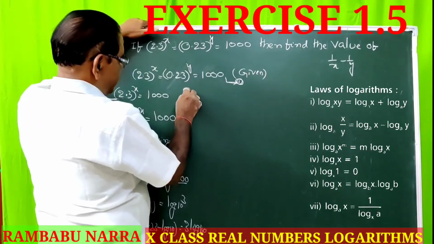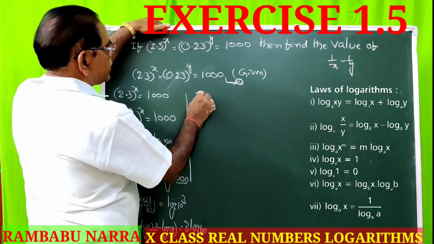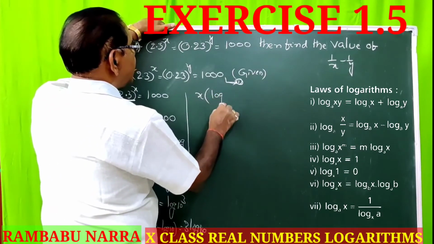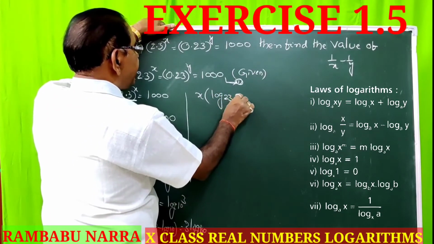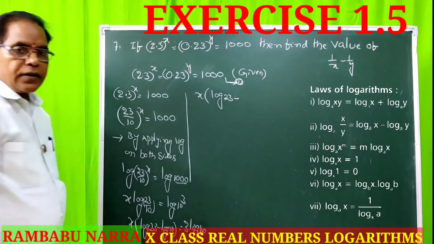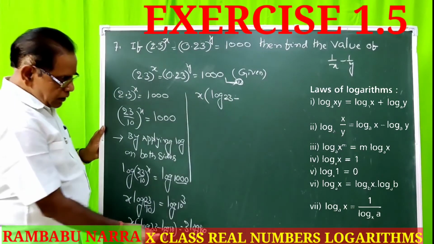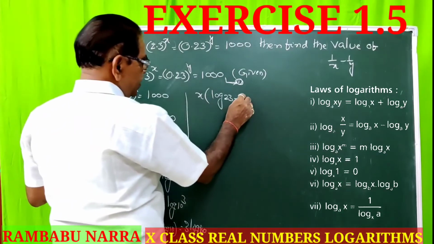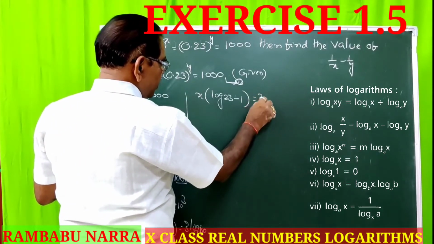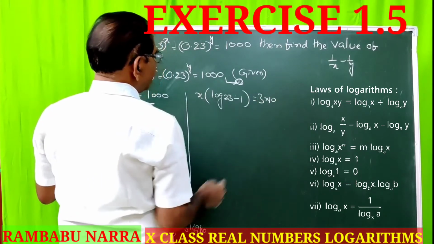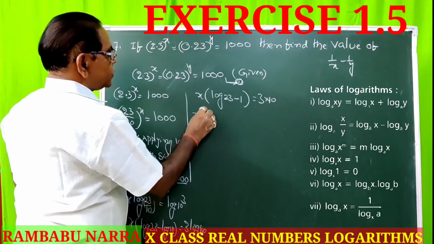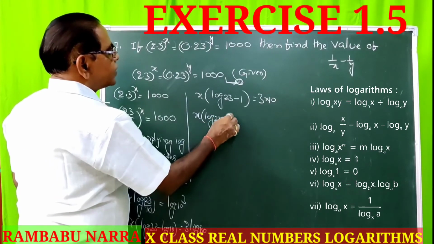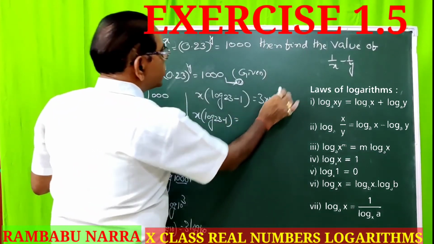Now x into (log 23 minus log 10). Log 10 is nothing but log 10 base 10, which equals 1, equals 3 into 1. So x into (log 23 minus 1) equal to 3.